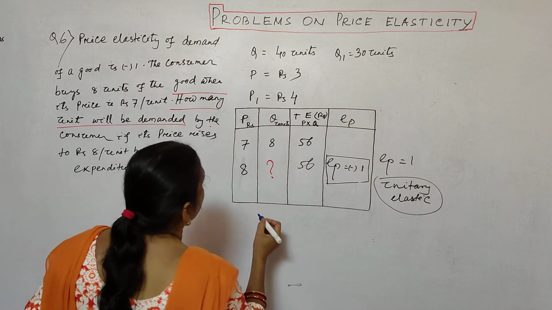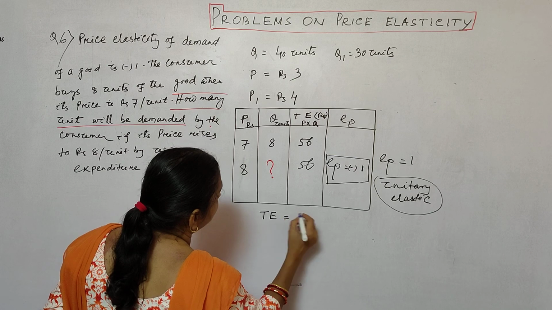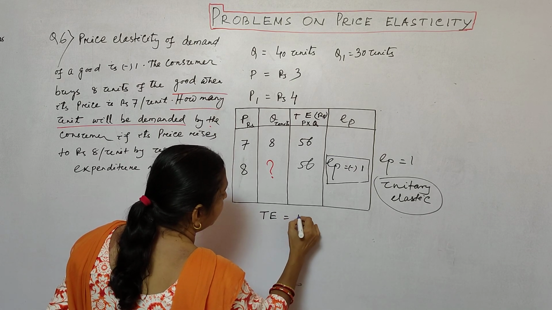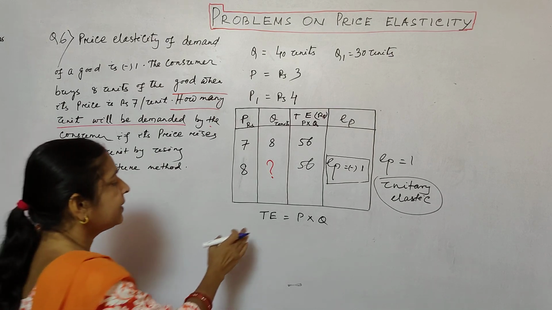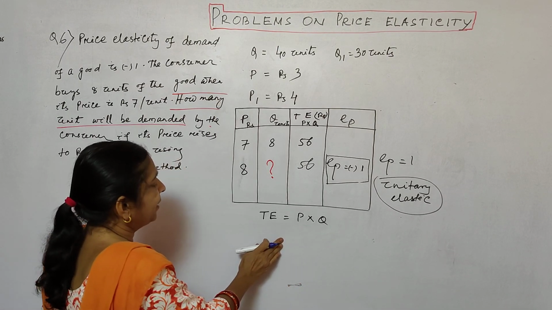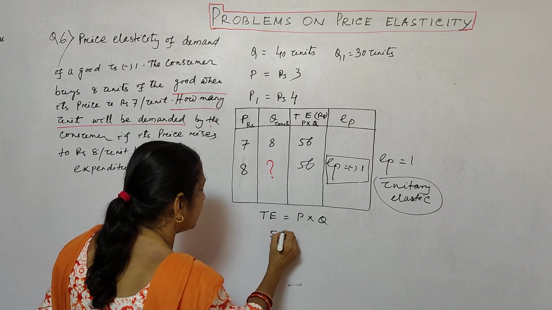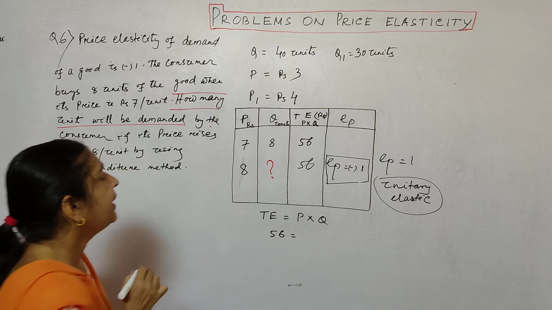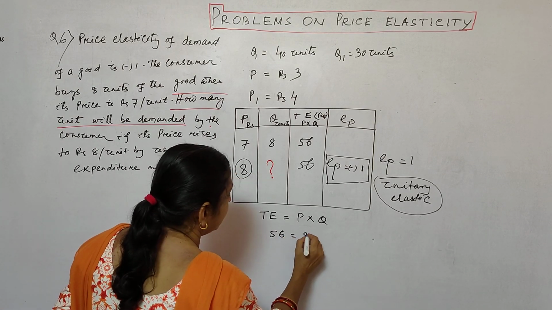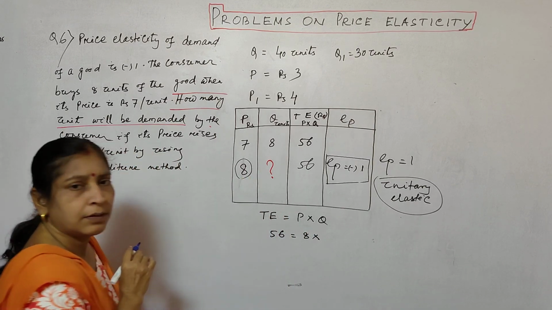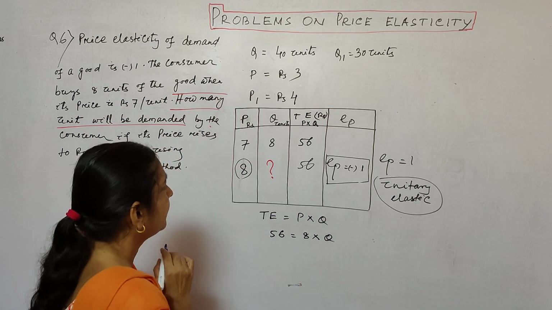So friends, we know that total expenditure equals P into Q, price into quantity. Now we have got the total expenditure. This 56 equals P into Q, where P is 8, into Q. We have to find this Q, which is not given.